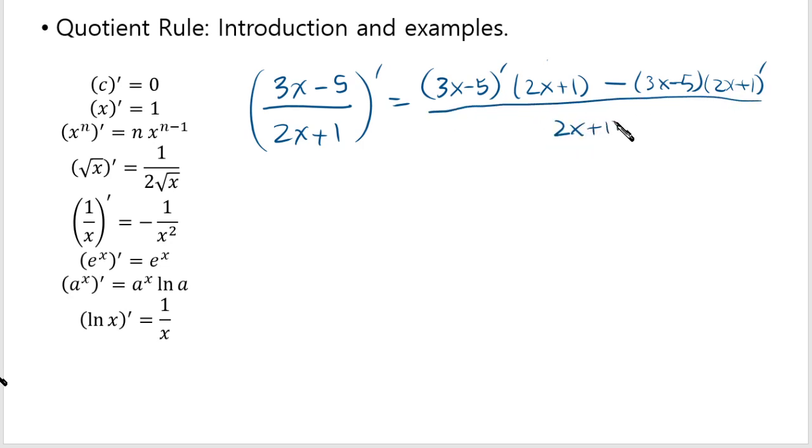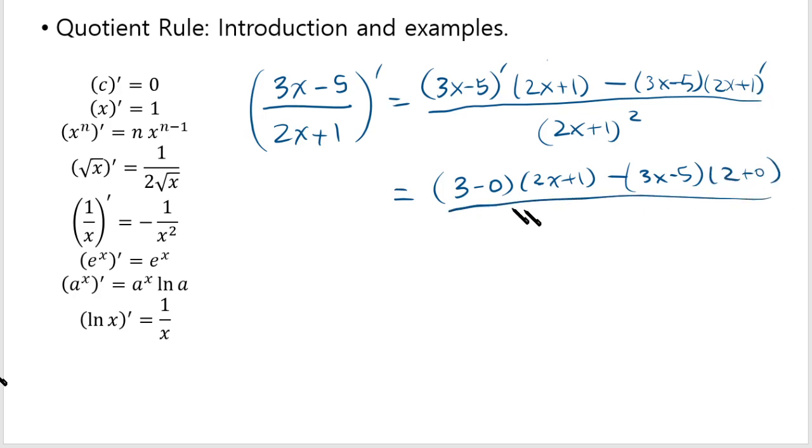Divided by 2x plus 1 squared. 3x prime is 3. 5 prime, that's just a constant, so it's 0. And then 3x minus 5. 2x prime is 2. 1 prime is 0. Divided by 2x plus 1 squared.